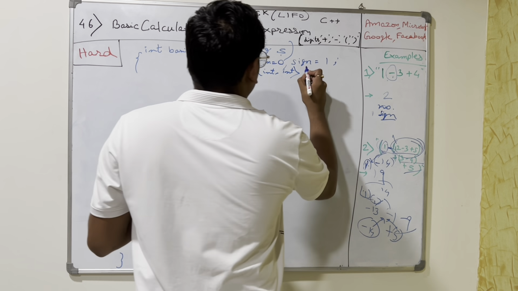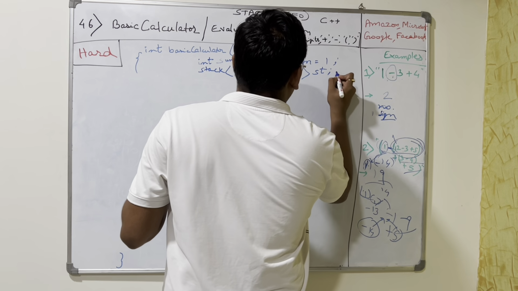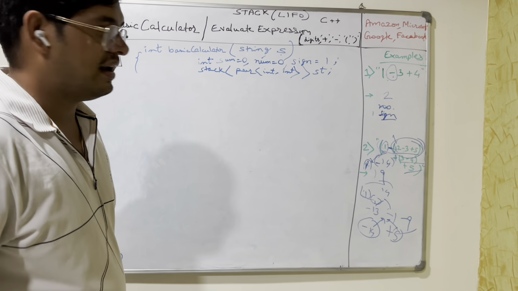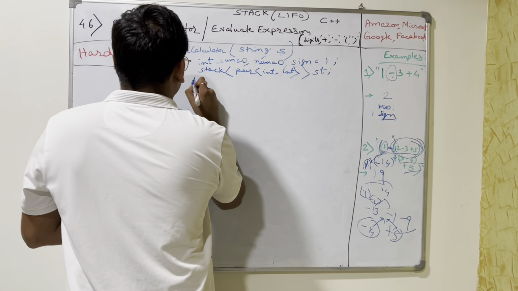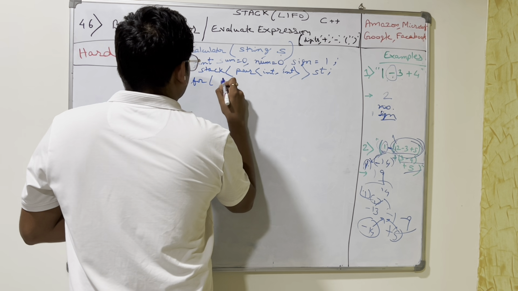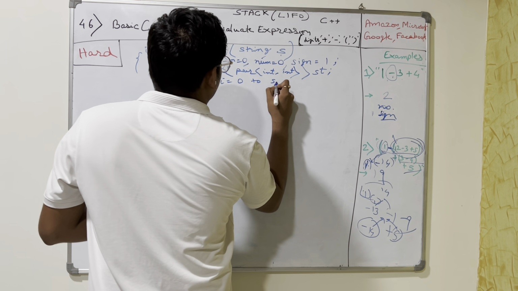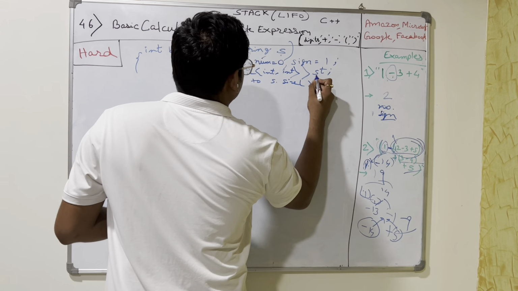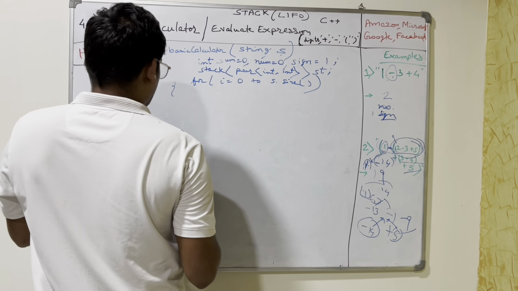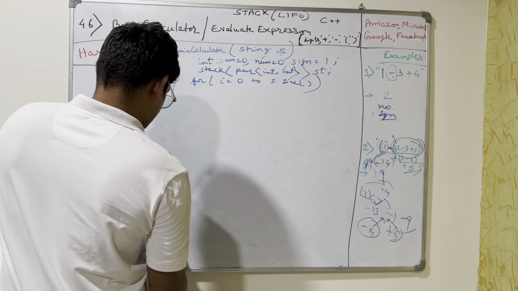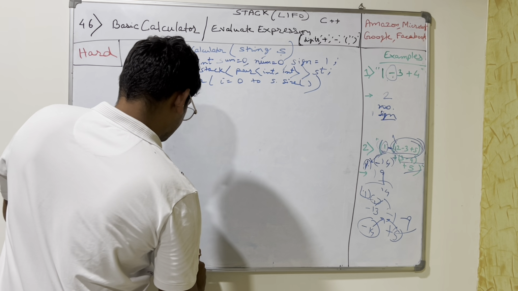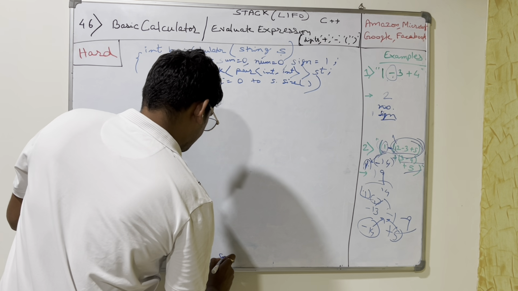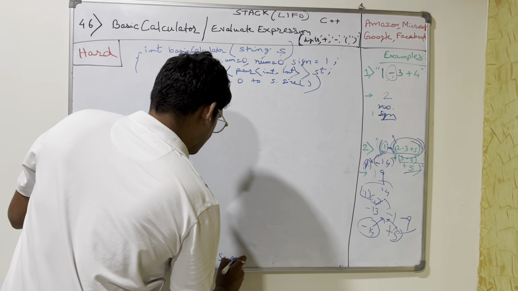Okay, so say stack is this. Now let's traverse the string, for i equal to 0 to s.size. Okay, now what do we do? And in the end we will return sum, whatever the value we get.